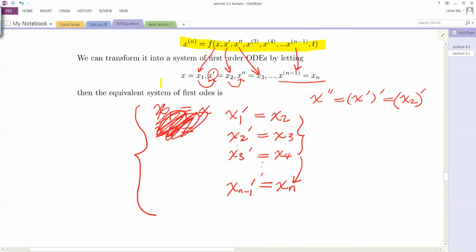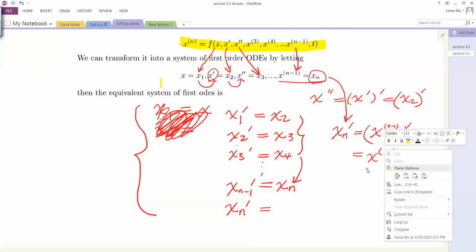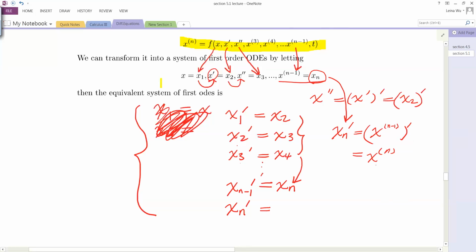But we have the last new variable we generated, which is x of n. So let's see. X of n, its derivative. Let me pull this down. Take one more derivative, which is x raised to the nth order derivative, right?